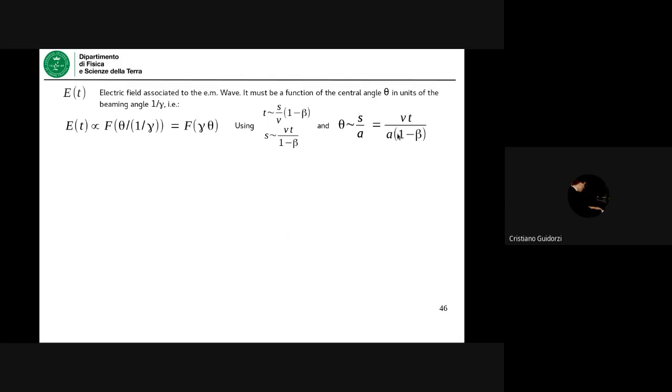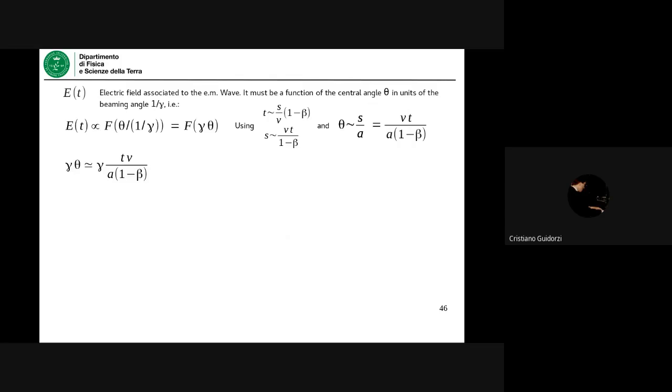Now, the goal here is to turn this argument into a function of time, because this is the final goal. We want to derive how the electric field depends on time. Once we know that, we can calculate the spectrum by moving from the time domain to the frequency domain, in terms of Fourier transforms. So that's the plan.